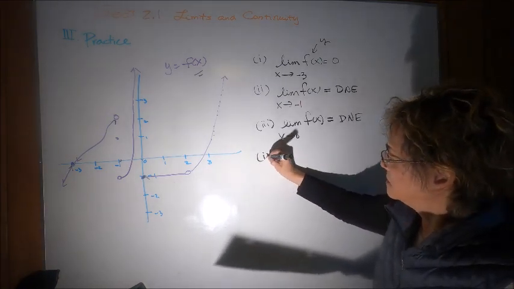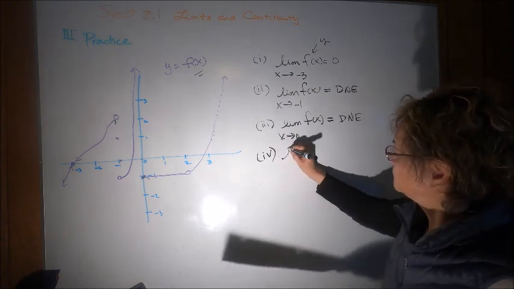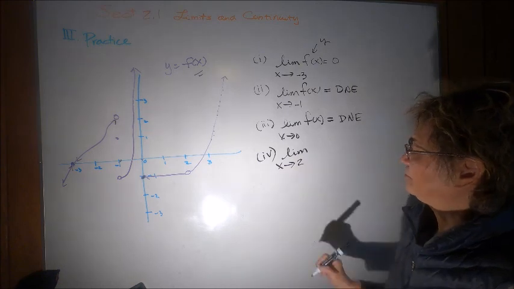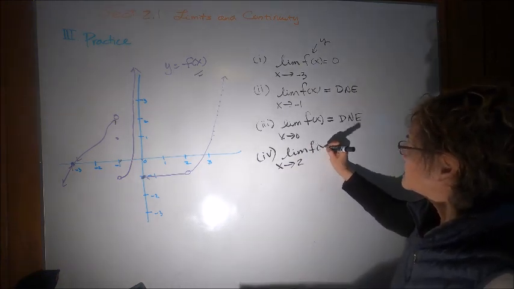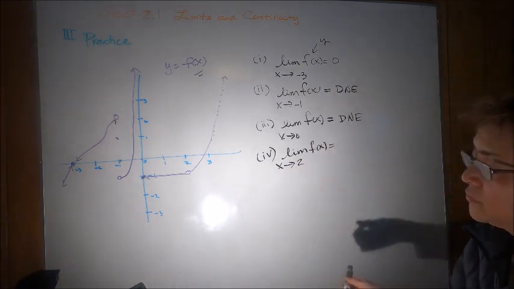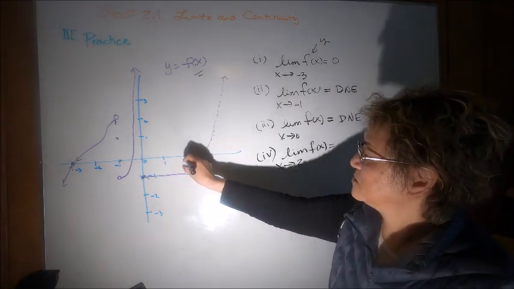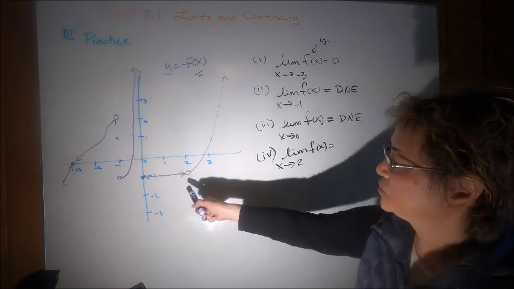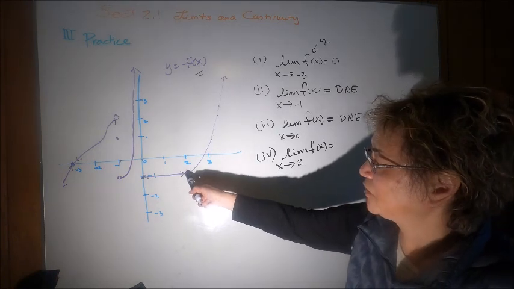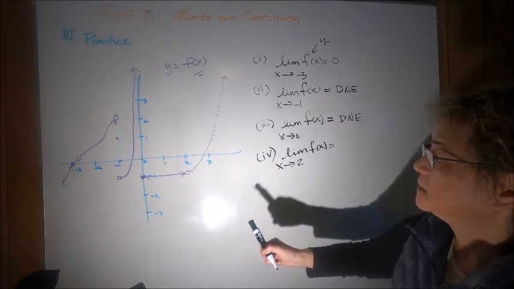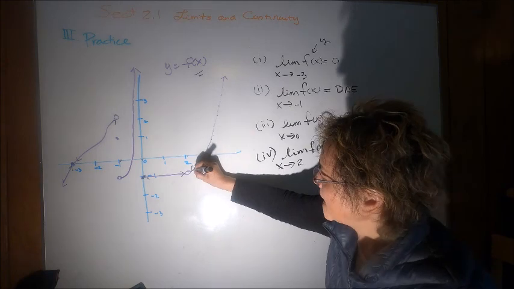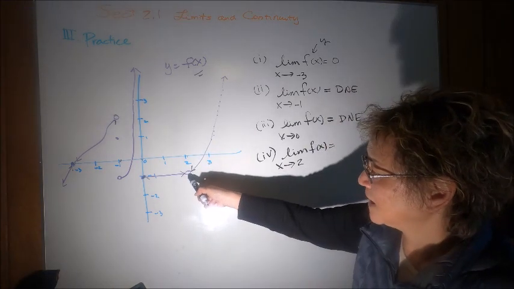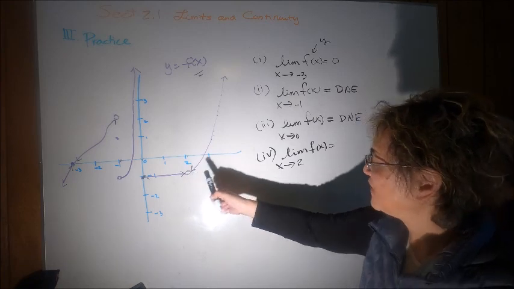Look at the next point, x approaching 2. At this point, from the left hand side, it approaches what? The value of y is -1. And from the right hand side, it approaches, right, the same value.